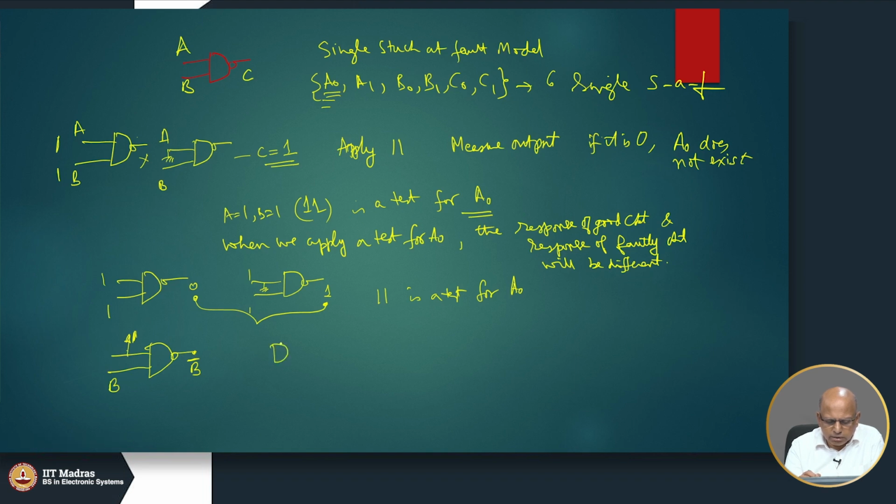A good circuit, this is a bad circuit. A good circuit will produce AB bar. So, we must find a value of AB such that B bar is different from AB bar.